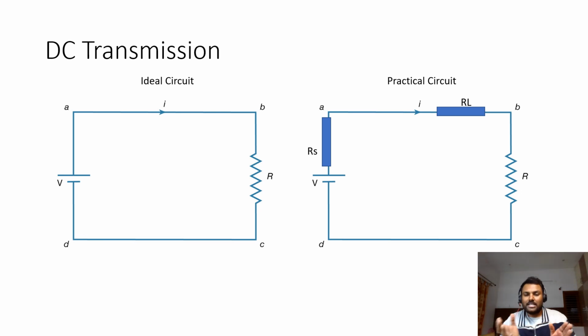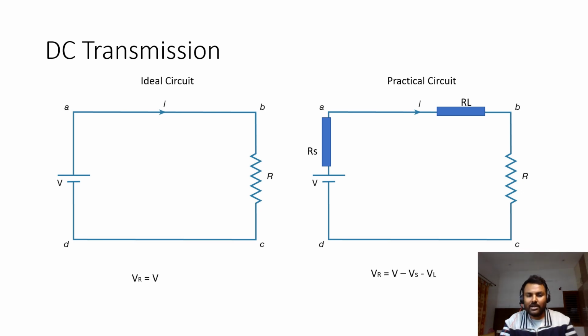Because of these resistances present in the circuit, at the B and C points we are not getting the same voltage that we are feeding. Some voltage drop will occur in the RS and some voltage drop will occur in the wire. Then the remaining voltage will come at the output point, meaning B and C points.